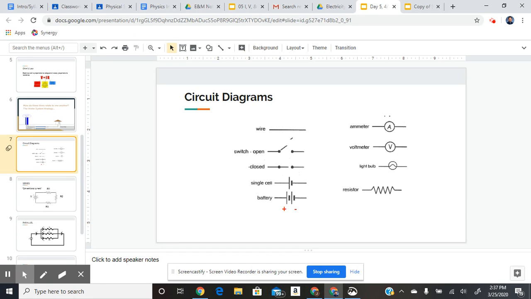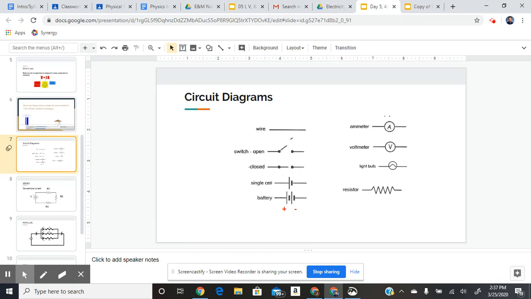As you'll see on this slide, we have a bunch of different kinds of symbols that represent different things within a circuit diagram. A circuit diagram is really just a simple way for someone like an electrical engineer or an electrician to look at a picture of what's going on within a wiring system.